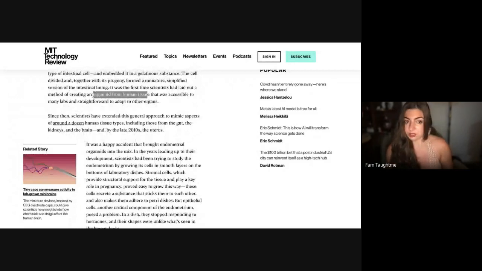And so it says that they had been trying to study endometrium by growing its cells in laboratory dishes. But the stromal cells, which provide structural support for the tissue, provided an easy way to grow on that lab medium, but it also made them adhere to petri dishes.